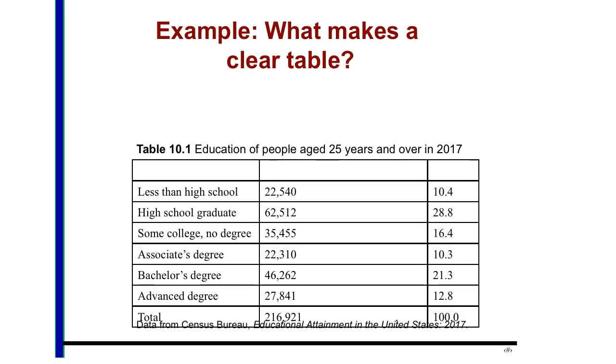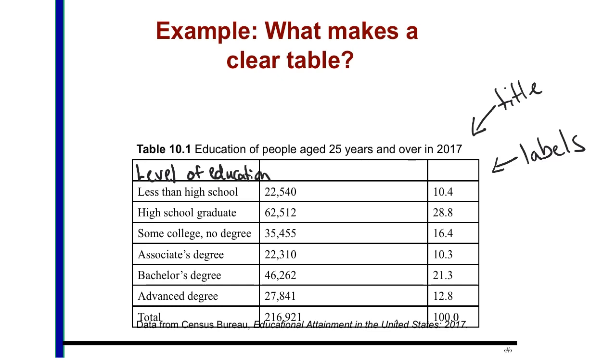For our first chart, table 10.1, we have our title up here. It's the education of people aged 25 years and over in 2017. So we have our title telling us what this is about. Now our labels are going to go here. My chart didn't copy over very well, but the labels are in your slides online.